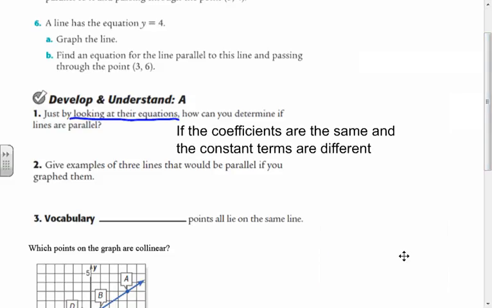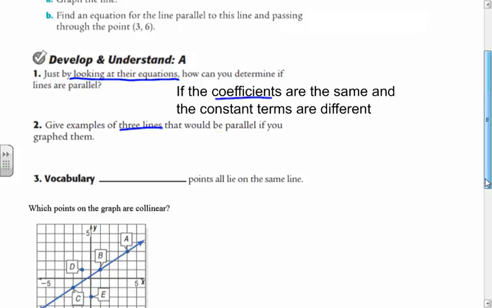So you can go ahead and do number 2, give examples of 3 lines that would be parallel if you graph them. Just make sure the coefficients are the same and the constant terms are different, and that'll work out for you.